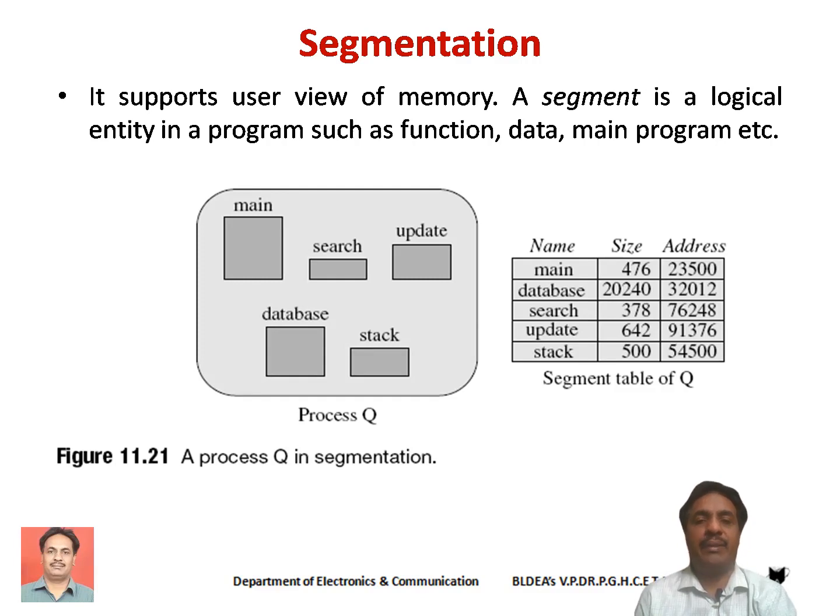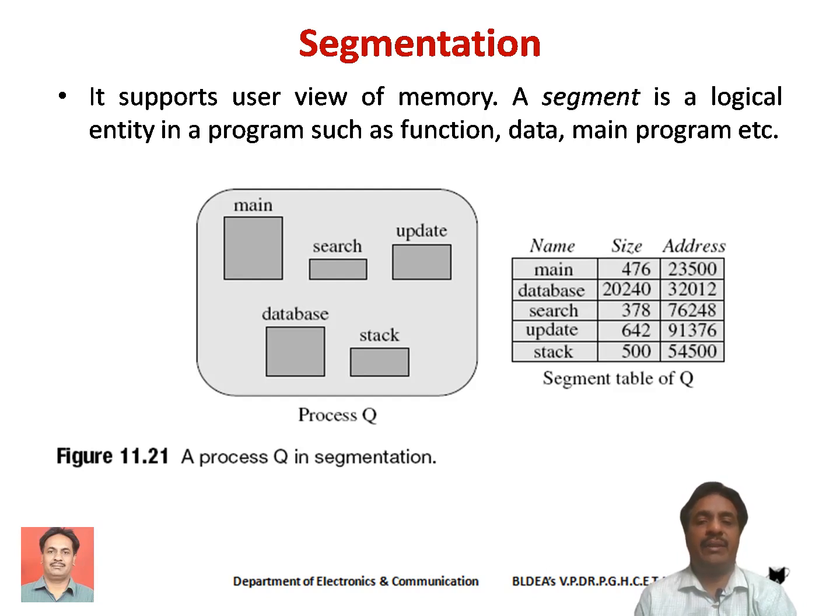Here we have an example. We have a process, say Q, and this process may consist of the main program, some functions like search and update, and also may include some database, and also may consist of a stack. These different logical entities can be treated as different segments.